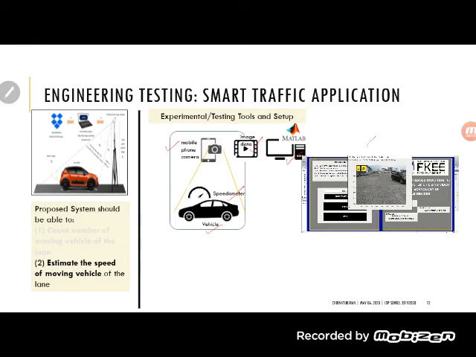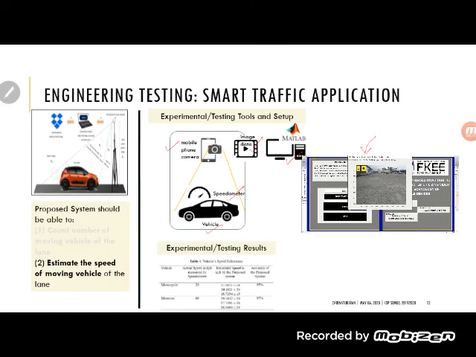As you can see, there is a second yellow box. The second yellow box indicates the speed of the moving vehicle in kilometers per hour. So these are the experimental or testing results.